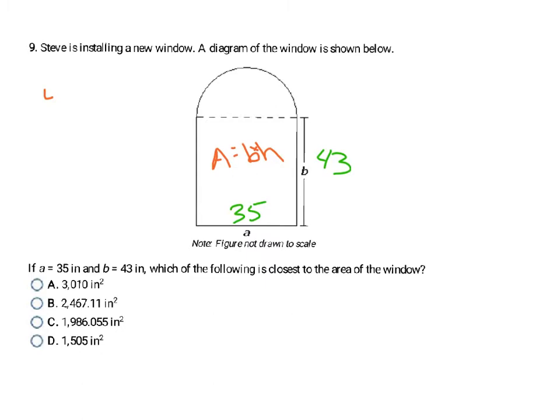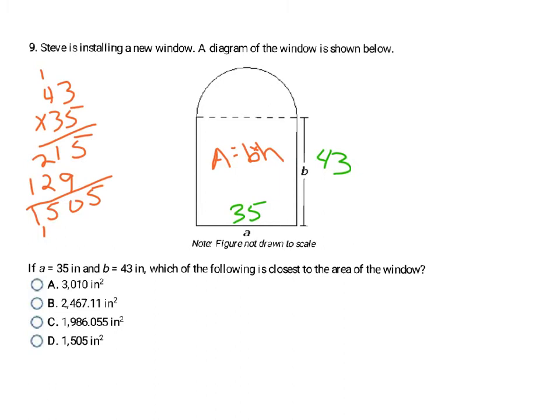So I'm going to be taking 43 times 35. And when I work that all out, I get 1,505 inches squared for just the rectangle. So they put that as an answer to try to trick you, but you're not done yet.